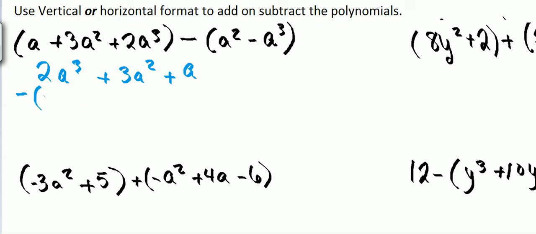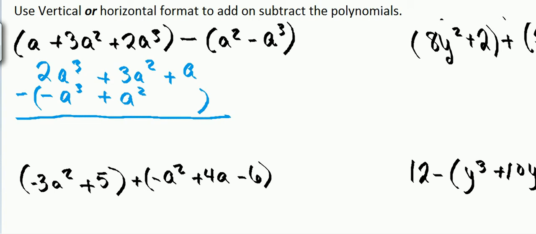I have a negative a cubed and a positive a squared, and I have no third term, so I will subtract these. I have 2a cubed minus negative, so that'll be positive 3a cubed, and 3a squared minus a squared, so that's going to be plus 2a squared, and then plus a, and I'm subtracting nothing, so I just bring down the a.